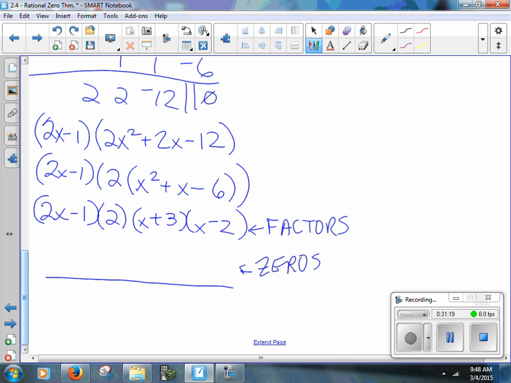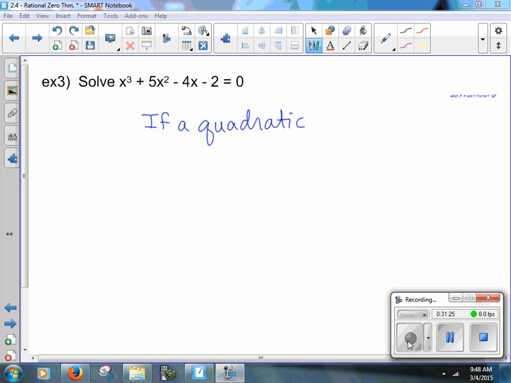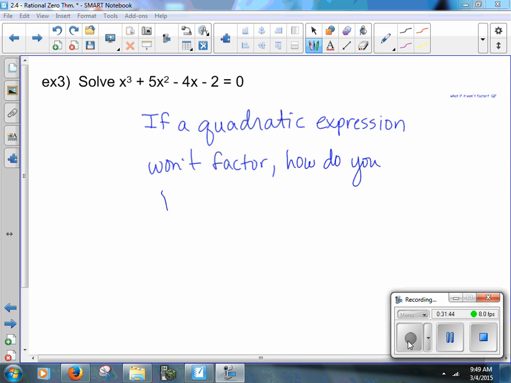Do you have questions? No? Is this easy? Alright, here's what I want you to do. If a quadratic expression won't factor, how do you find the zeros?